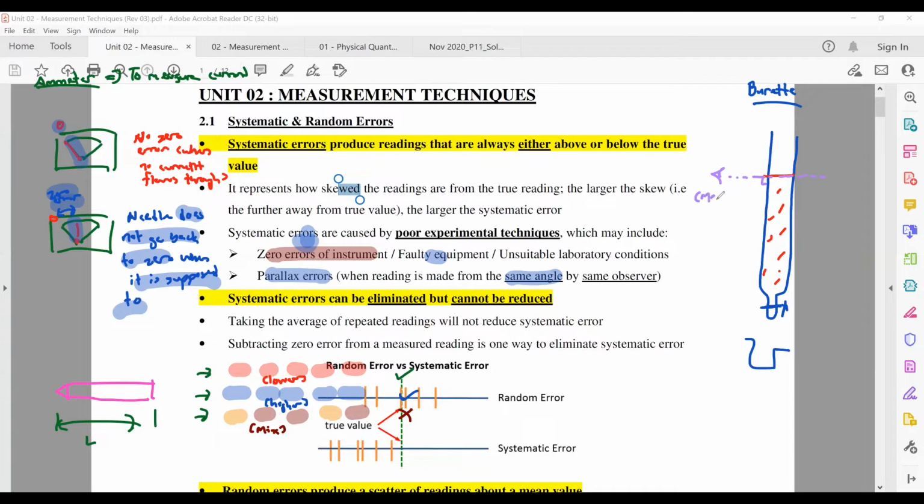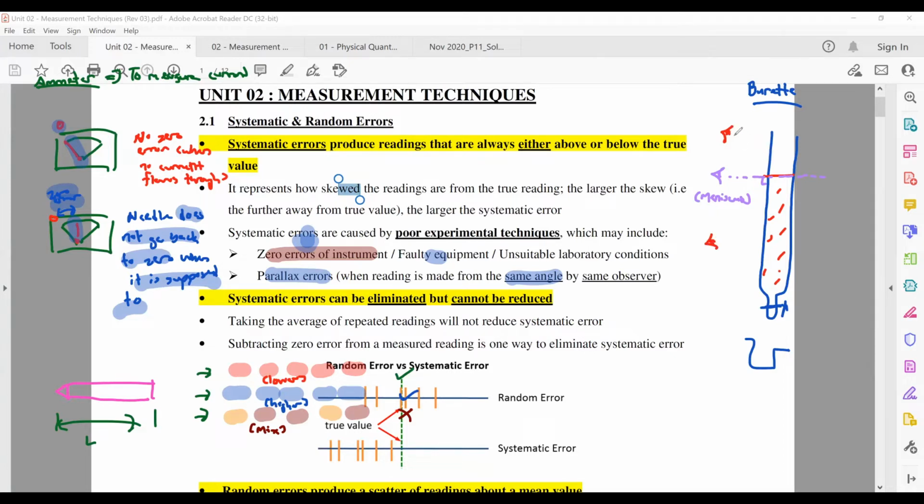But because your burette is very long and you always need to mount it high above your bench, it is very difficult to always read it at the meniscus level with your eye exactly perpendicular to the liquid level. A lot of times you will actually read it either at an angle above or at an angle below.